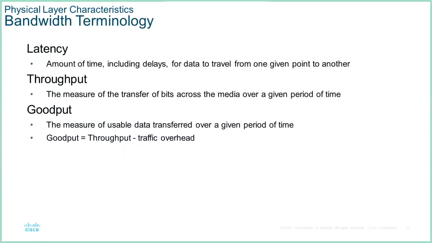So throughput includes the data and any overheads that are needed to maintain the conversation. Goodput is just the data. So the actual element that you're transporting is goodput. So how much data you actually get across.